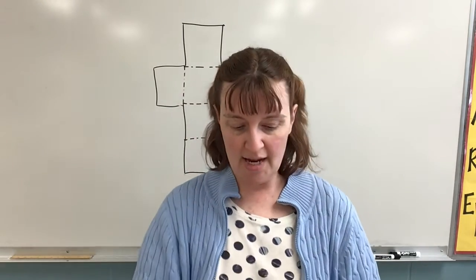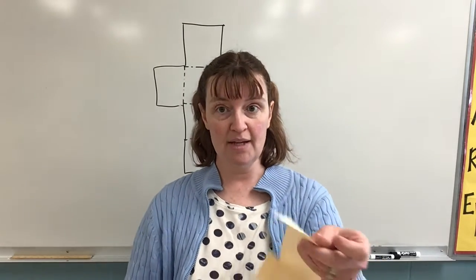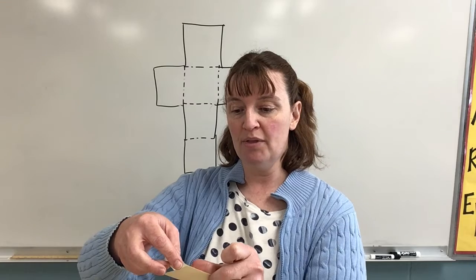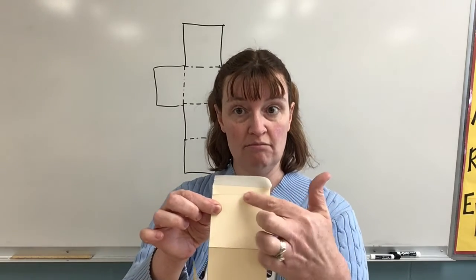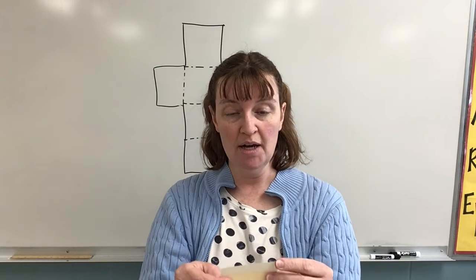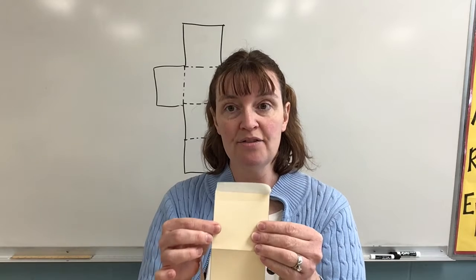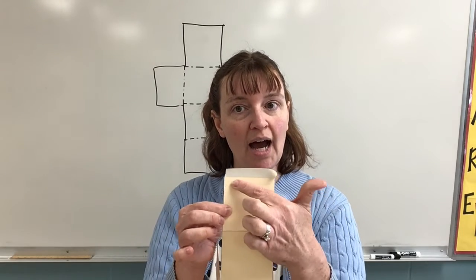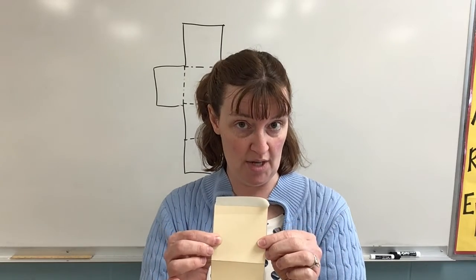Your masking tape, I would recommend cutting or tearing a piece of masking tape that is about the same length as one of your edges, okay? So you can cut or tear a piece of masking tape that's about the same length as one of your edges. And then I would have you put that onto one of the edges that you want to start working with, okay?